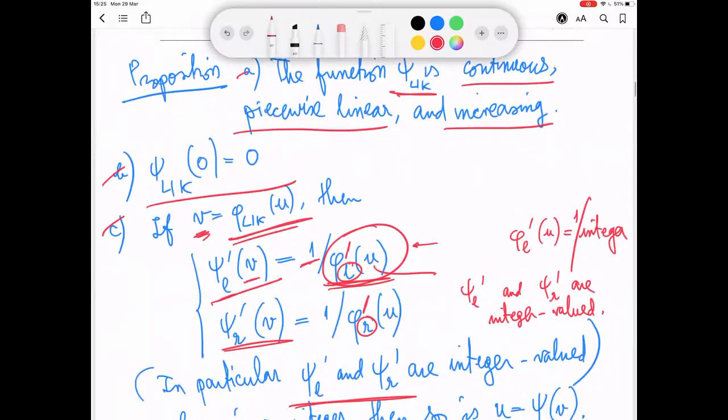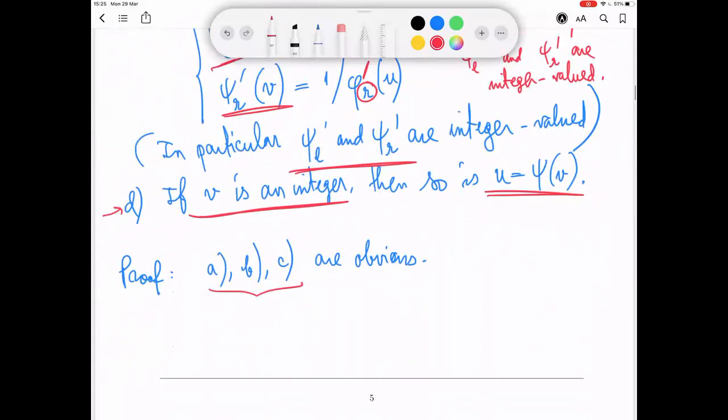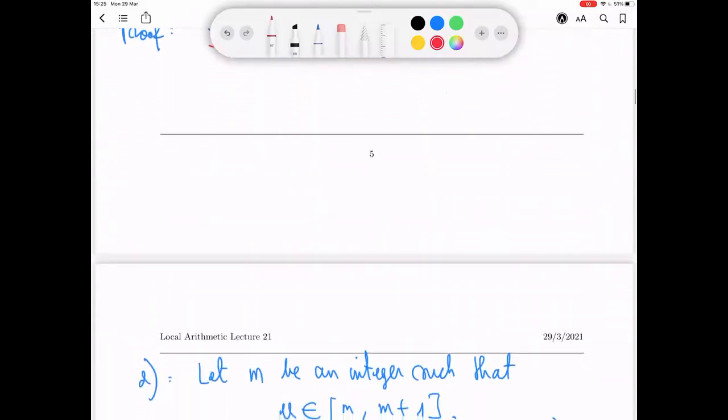So I'm just leaving them for you to verify. Let's check this part D. And it says that if V is an integer, then U, which is defined to be psi of V, is also an integer. So how do we prove this?